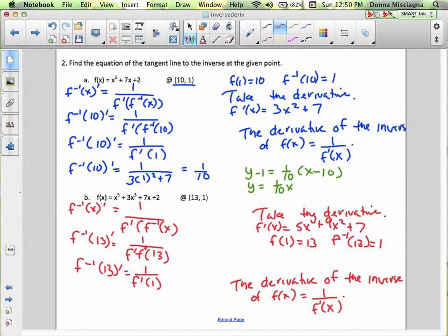So we're just going to evaluate the derivative at 1. We already have our derivative, so that would be 1 over 5 times 1 to the fourth plus 9 times 1 squared plus 7. So that's going to be 5 plus 9 plus 7, so that'd be 1 over 21.